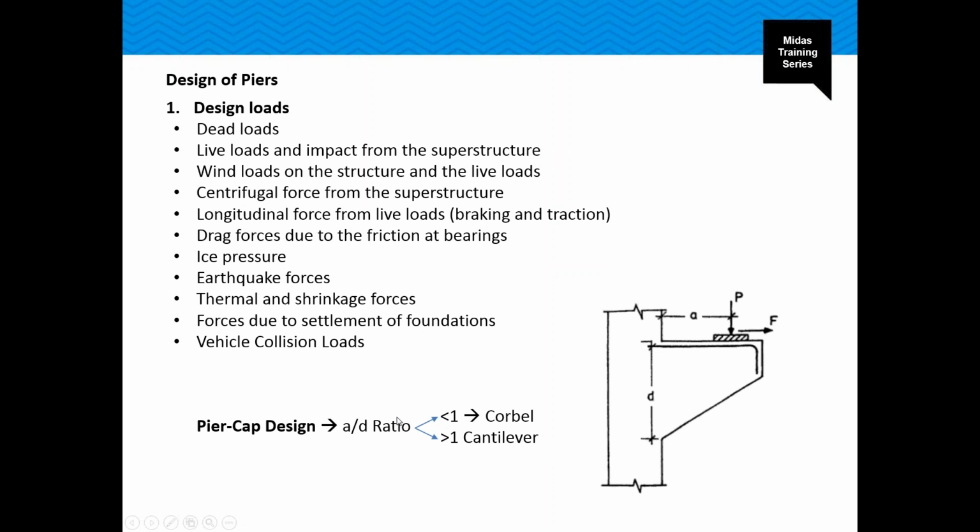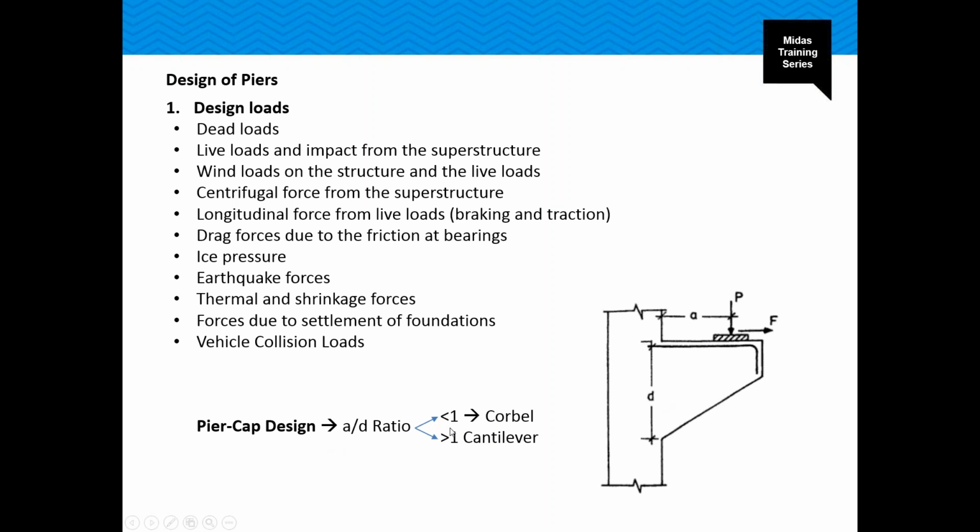Again, in case of capped piers, a cantilever or corbel pier may exist. Based on this span, this A to D, the cantilever span to the depth ratio of the pier cap, it is decided whether it is a corbel or a cantilever.